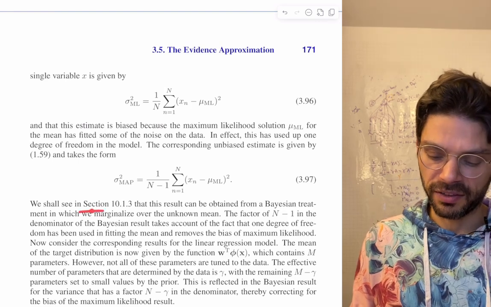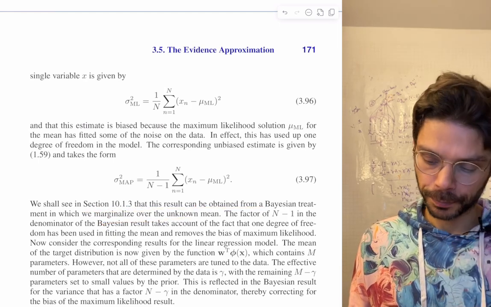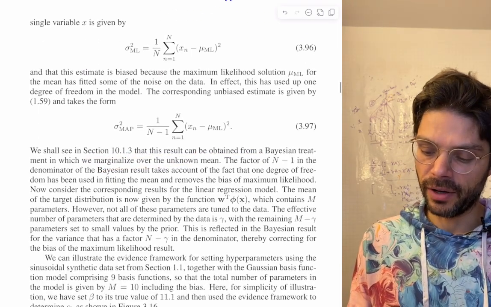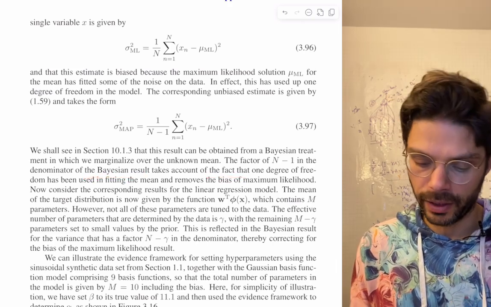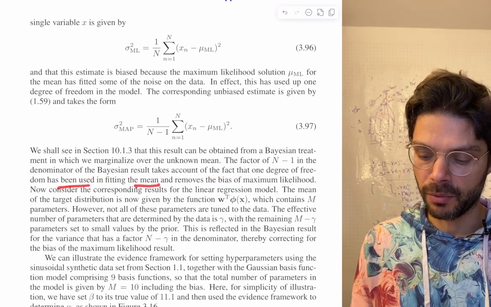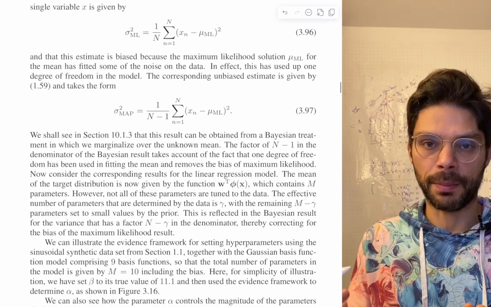We're going to see that this is obtained from a Bayesian treatment in which we marginalize over the unknown mean. The factor N minus 1 in the denominator of the Bayesian result takes account of the fact that 1 degree of freedom has been used in fitting the mean and removes the bias of the maximum likelihood.